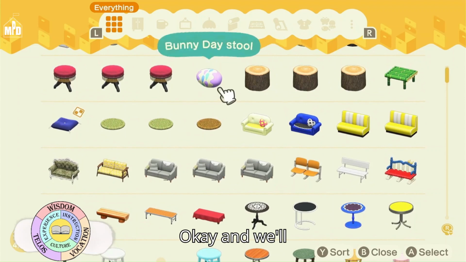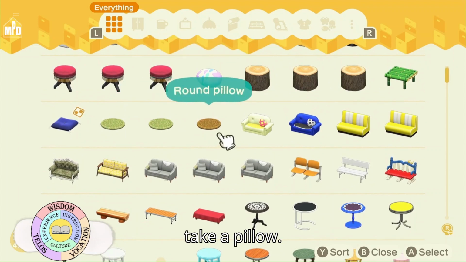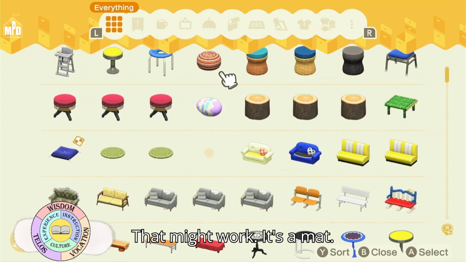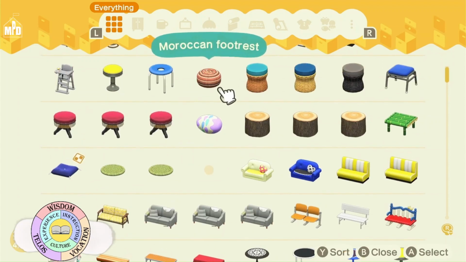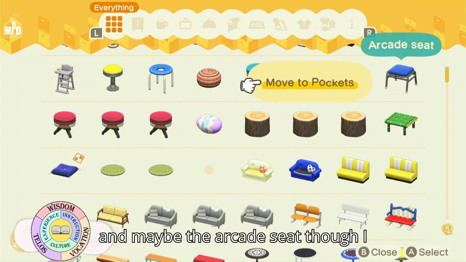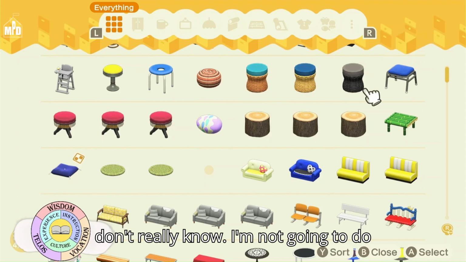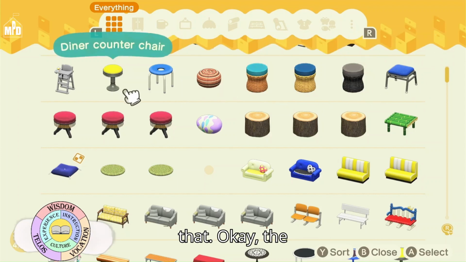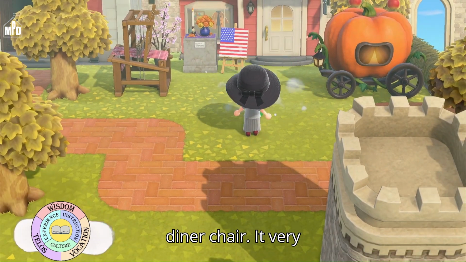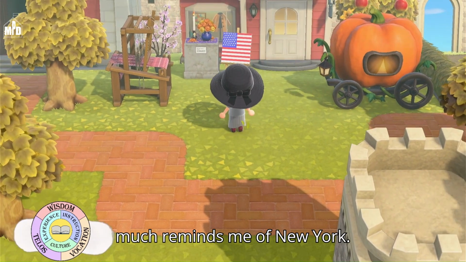Okay, and we'll take a pillow. That might work. It's a mat. And maybe the arcade seat, though, no, I'm not going to do that. Okay, the diner chair.